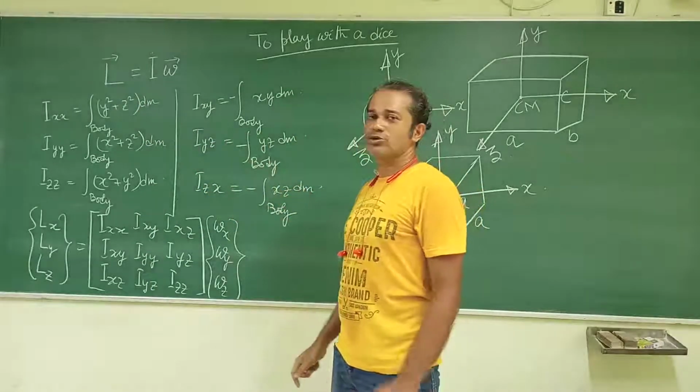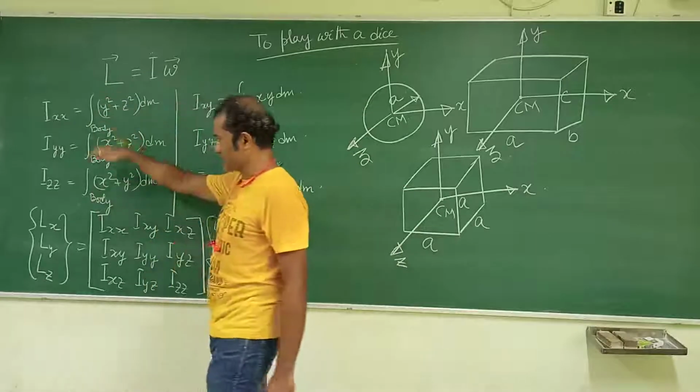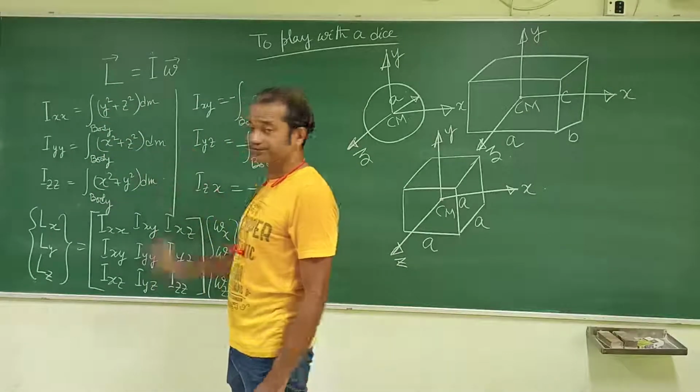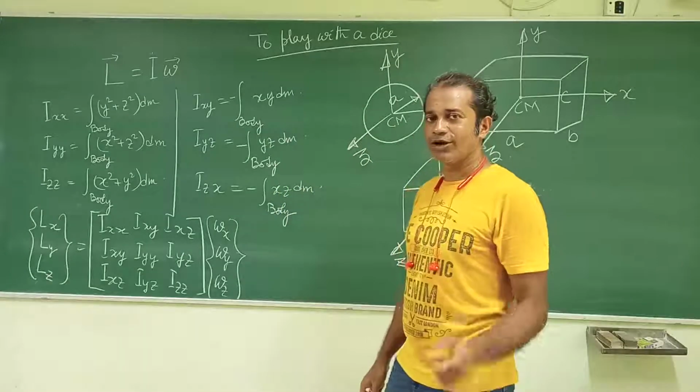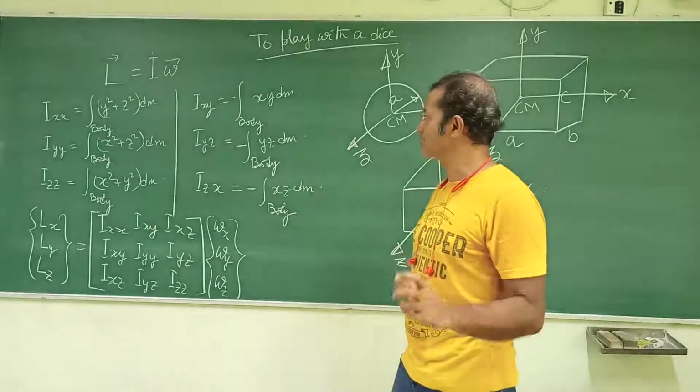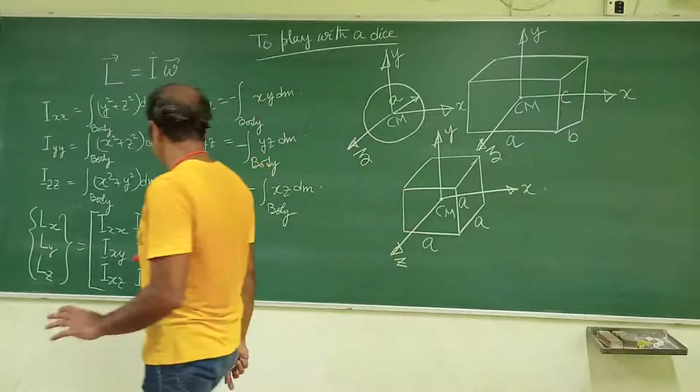So it is all about the rotational inertias Ixx, Iyy, Izz, but there also exist products of inertia. What are those? We will listen first, and then we will derive it.